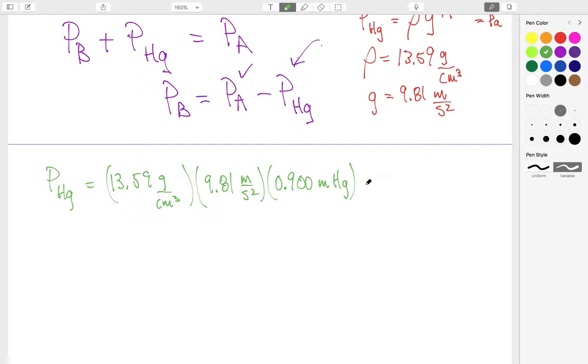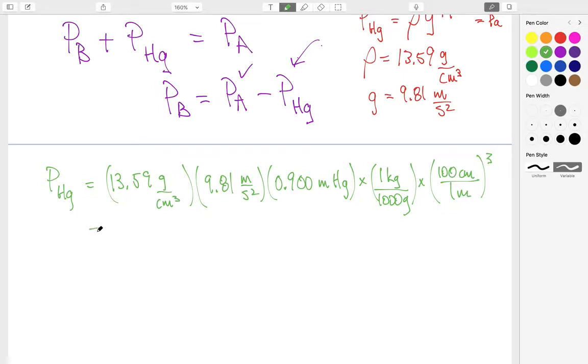But I have to put in a couple of conversion units. I need to convert the grams to kilograms, so I've got 1 kilogram per 1,000 grams, and I have another conversion factor in there, which is 100 centimeters per 1 meter, and that's to offset this. And then we look at this centimeter unit and we say that's cubed, so I have to cube that conversion.